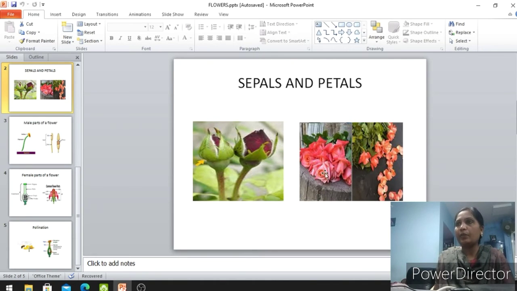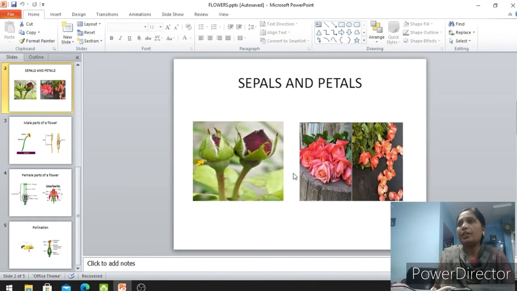In such plants, pollination takes place with the help of fragrance. White flowers have more fragrance than colored petals. To attract insects for pollination, they have a sweet smell, and with that smell they attract insects to carry out the pollination process.